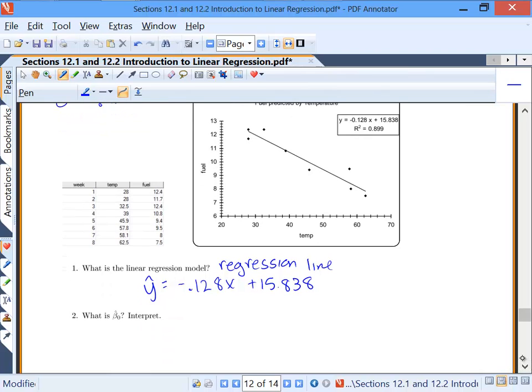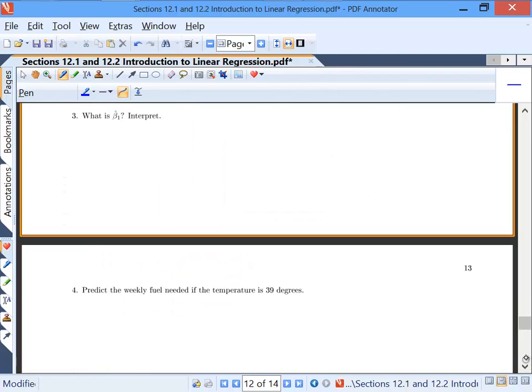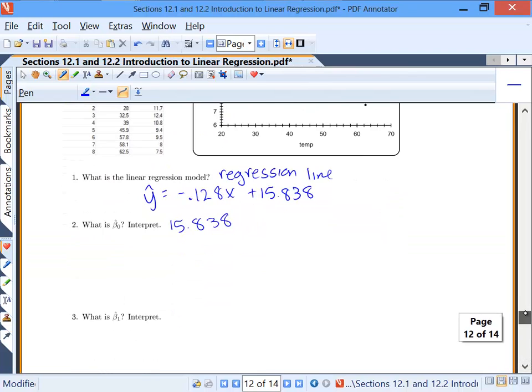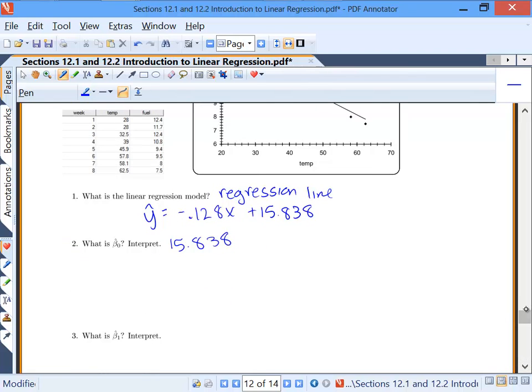So what is beta hat naught? That is our intercept. In this case, it is 15.838. And how would you interpret that? What does it mean to us? Would that be the maximum fuel needed?